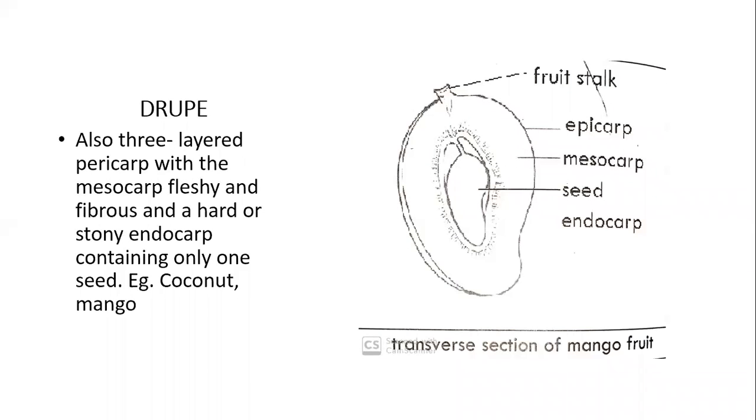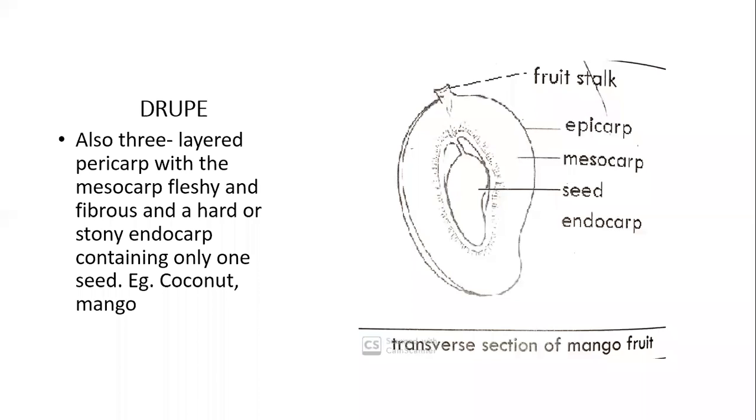Then our last one, you have our drupe. Also a three-layered pericarp with a fleshy mesocarp. The mesocarp is also fibrous. Now it has a stony endocarp which surrounds the seed.